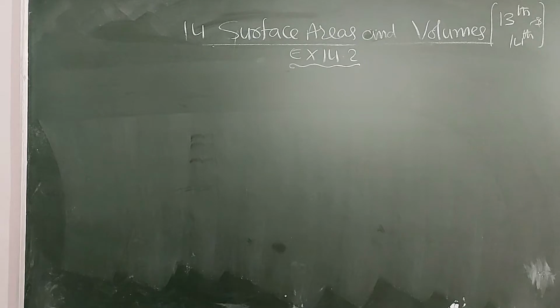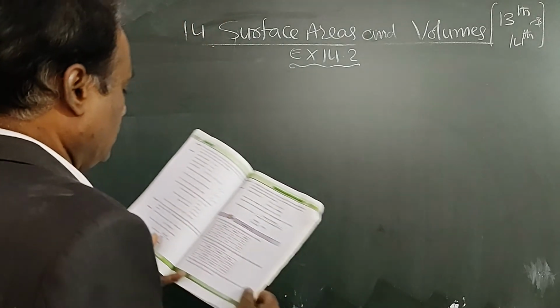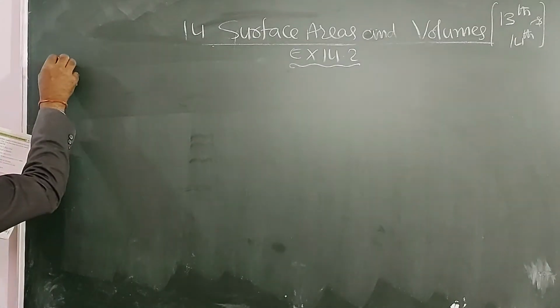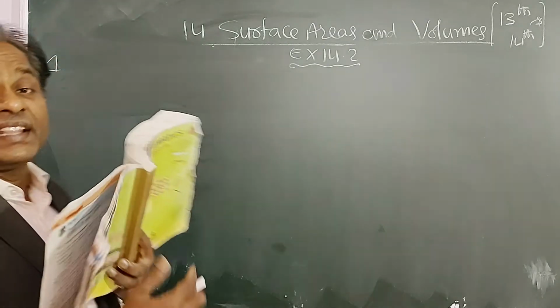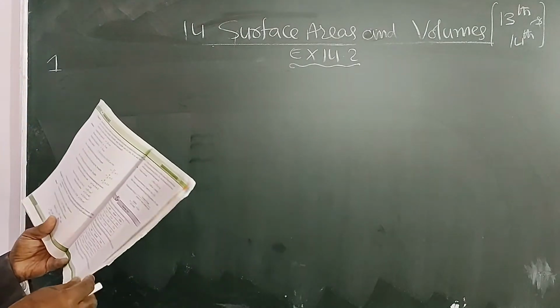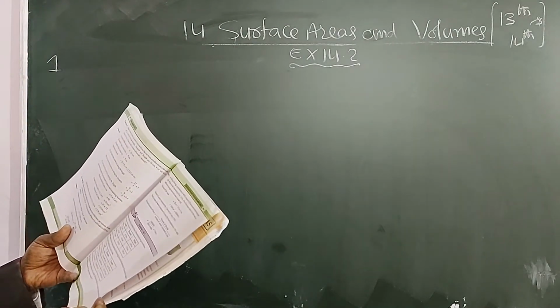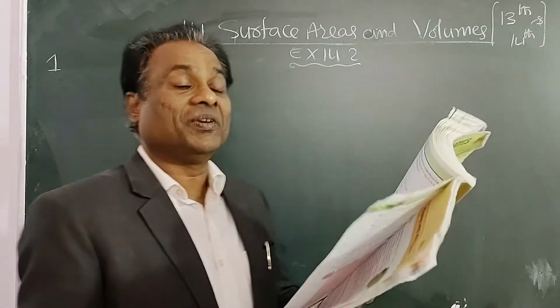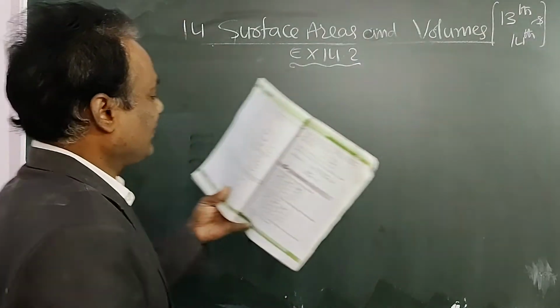First question. Read the question. Find the volume of the cuboid whose dimensions are given below. Direct question.